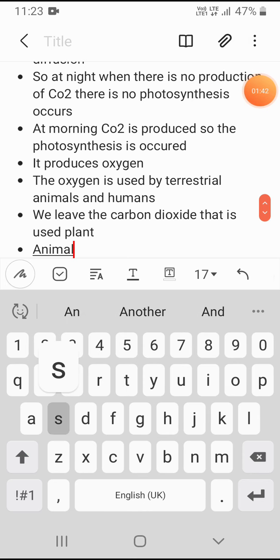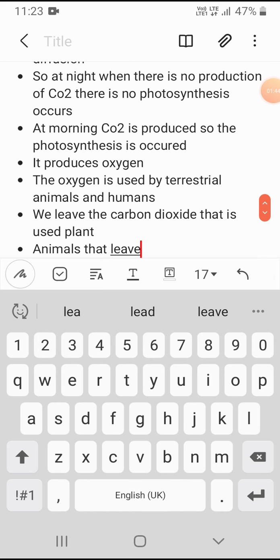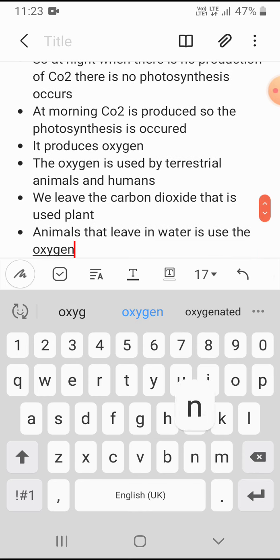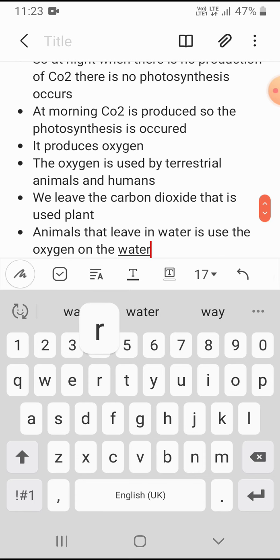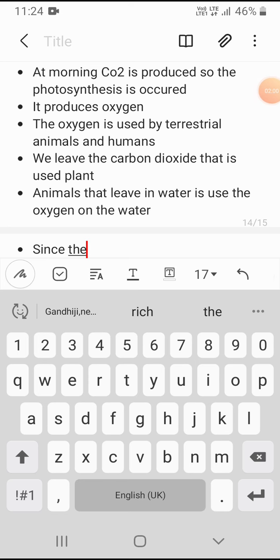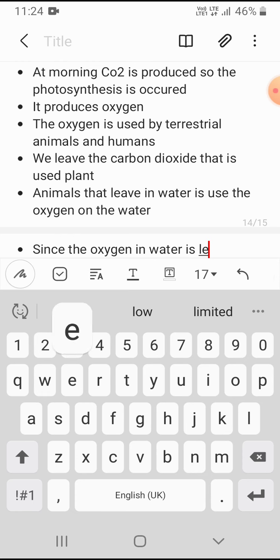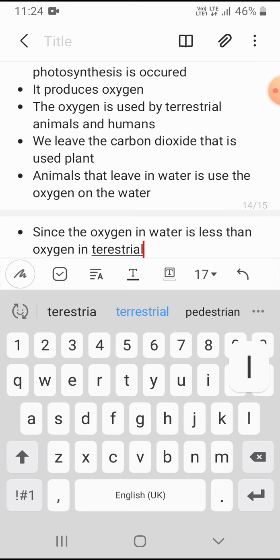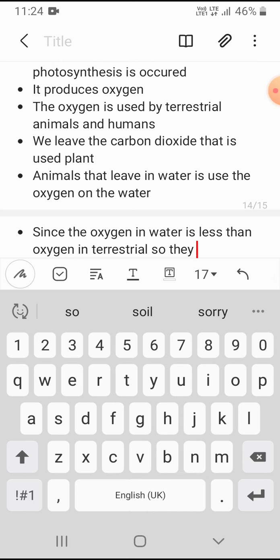But animals that live in water use the oxygen dissolved in the water. Since the oxygen in water is less than the oxygen on land, they take in oxygen fast.